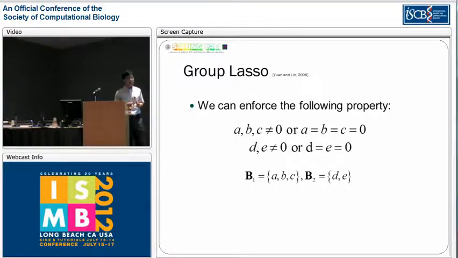And if we use the R2 norm, all the members A, B, C should be all non-zero, or all of the A, B, C members should be 0 together. So there exists such a grouping effect, grouping behavior, if we use the R2 norm. I'm not going to go into details about this R2 norm, but the important point is that if you use the R2 norm, we can induce this grouping behavior.